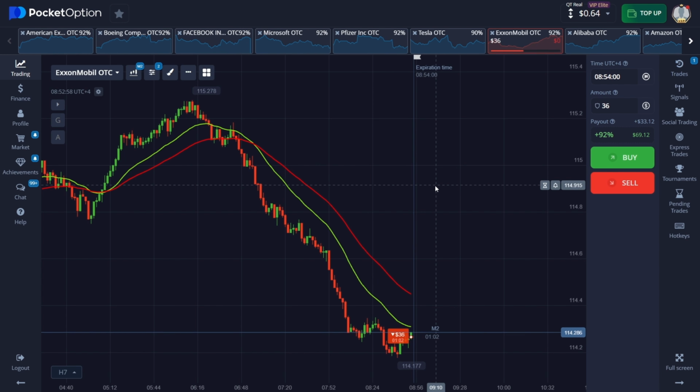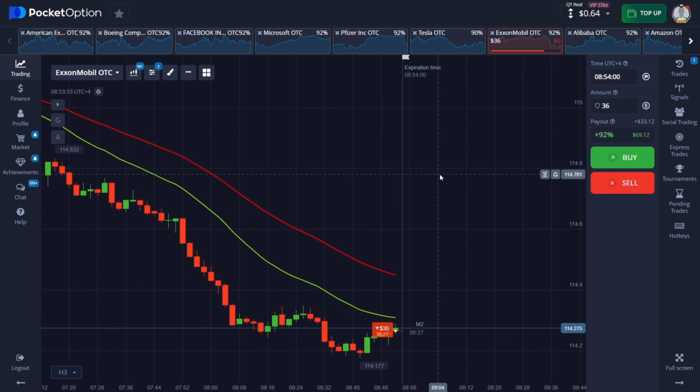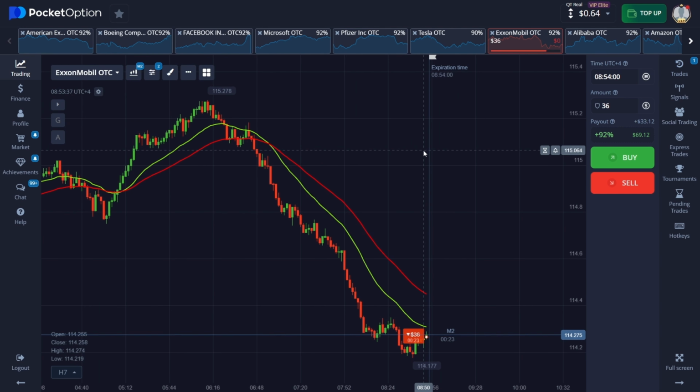Currently, the trade is not going in our favor, but there's still 1 minute left. Alright, the candle came back and the trade is now going in our favor.